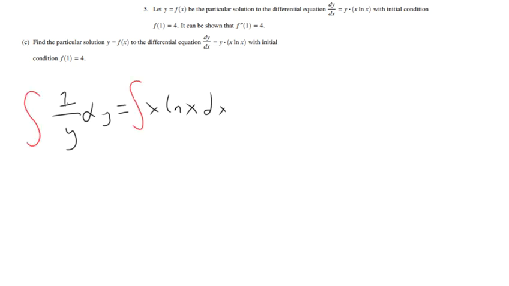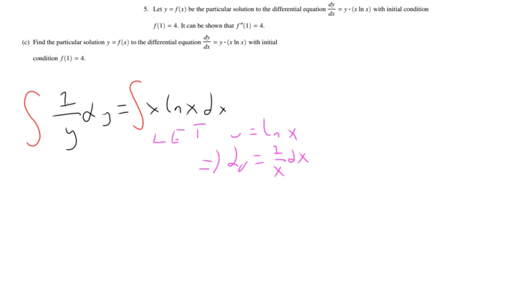All right, here we have x times the natural log of x. I have to use integration by parts to do this. So I will choose a u and a dv. Since I have this logarithm right here, I like to use that as my u. So I'll let u equal the natural log of x, and therefore du, just differentiate right here, will be 1 over x dx.